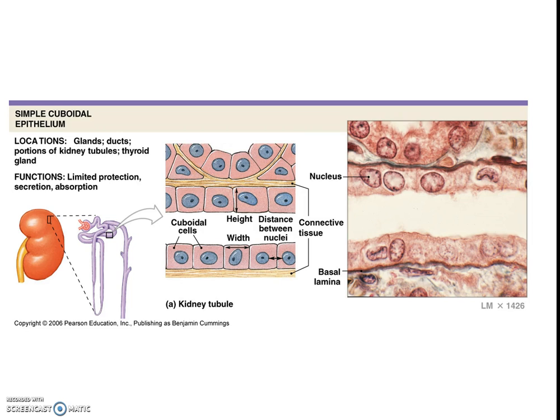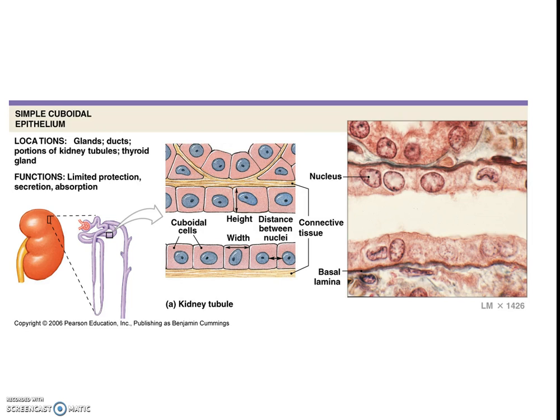Okay, next we see a situation where we actually have simple cuboidal cells. So again, simple meaning that there's only one cell layer thick, so they'll have a free end. The other end of the cell will be connected to connective tissues that will then be connected by the basal lamina or the basement membrane. And we see the shape of the cell here is kind of cube-shaped.